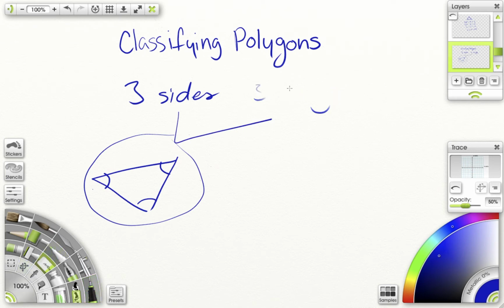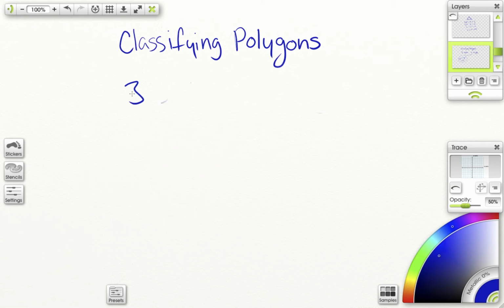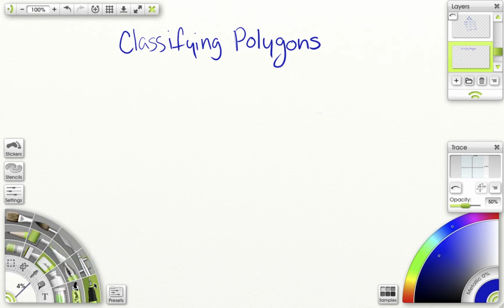How about something a little bit more tricky? Think of how many different shapes can you name that have 4 sides and 4 angles? But here's the thing, they have to have 4 sides and 4 angles.